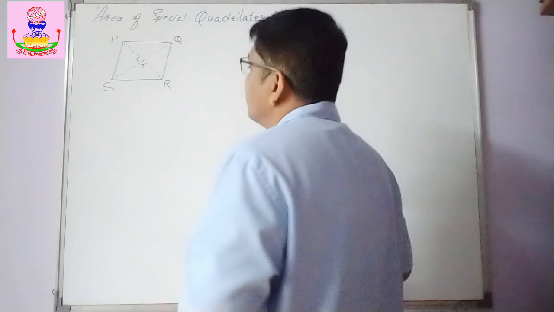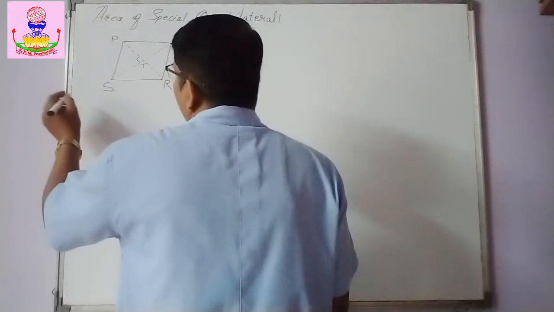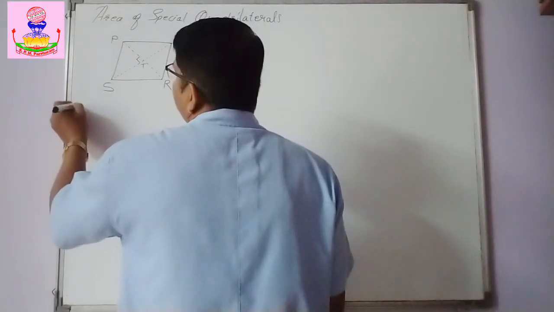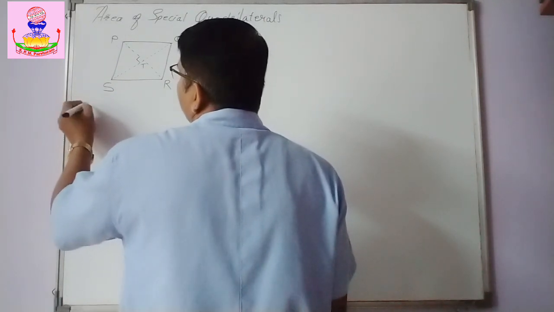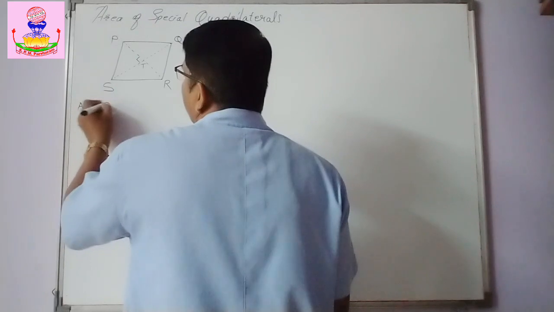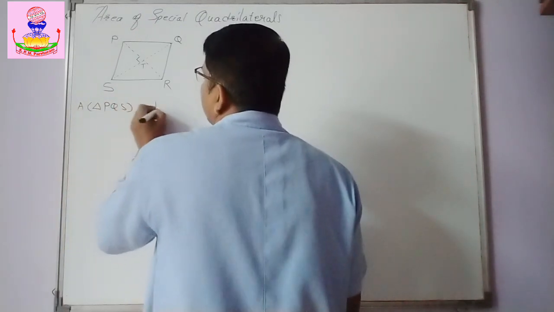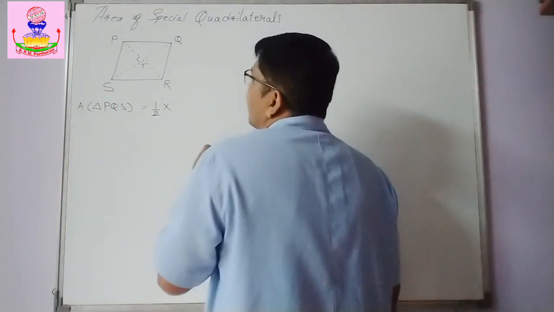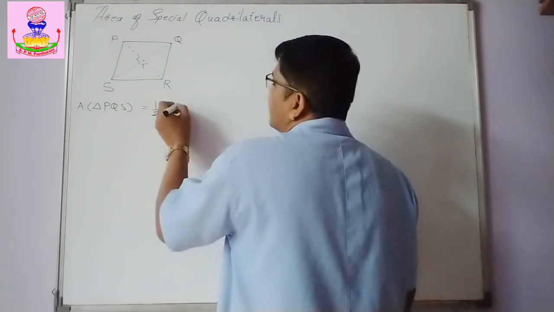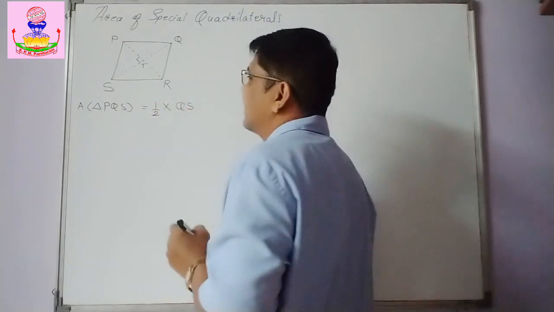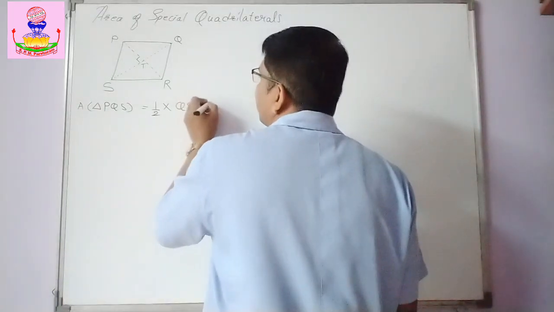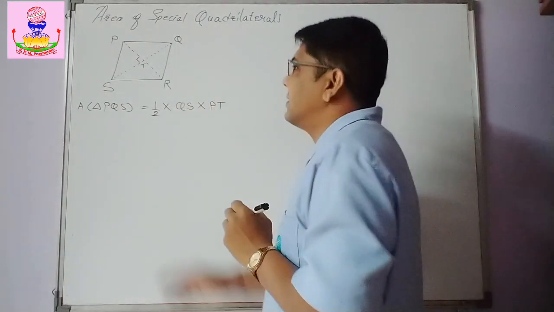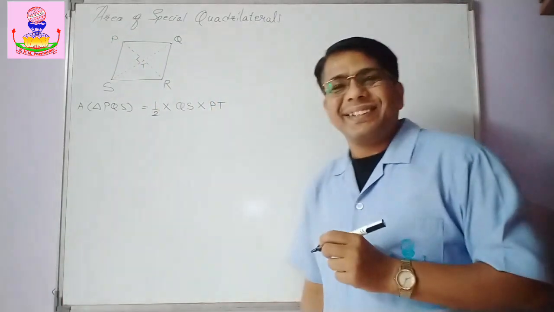Now here, area of triangle PQS is equal to half into base. Here base is QS, multiplied by PT, where PT is the height. Do you get it?